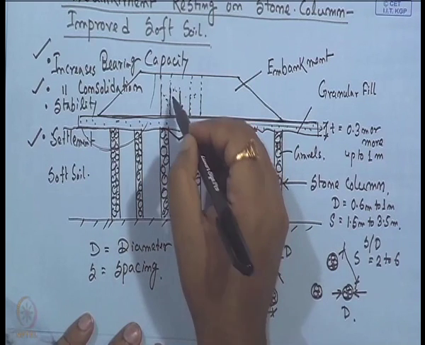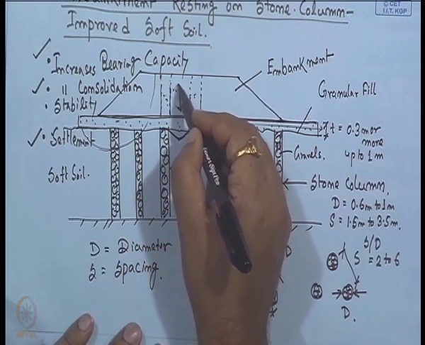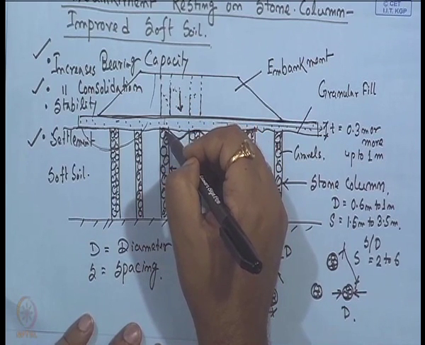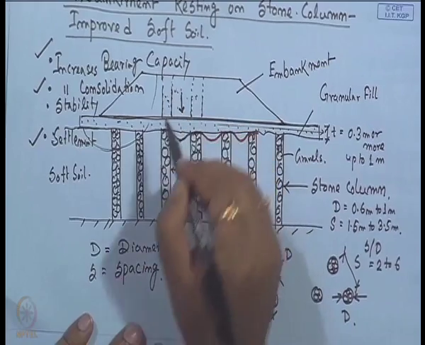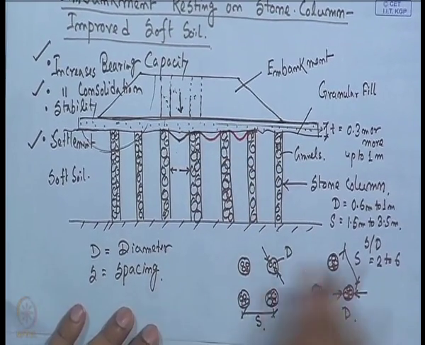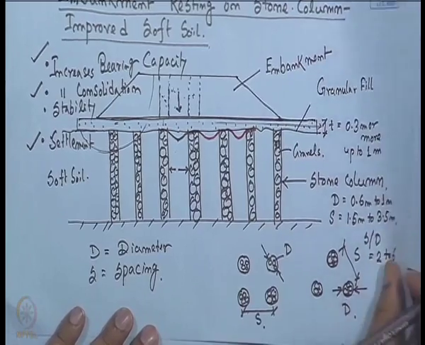So, some stress on this region will be transferred onto the stone column because of this shear resistance. This phenomenon is called soil arching. So, now if I go further, what is soil arching?